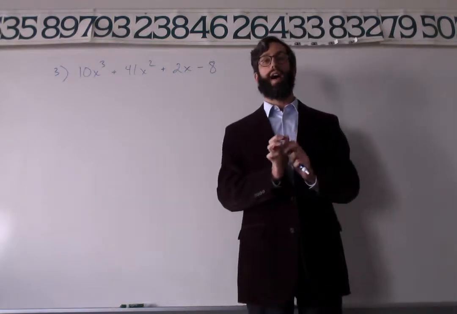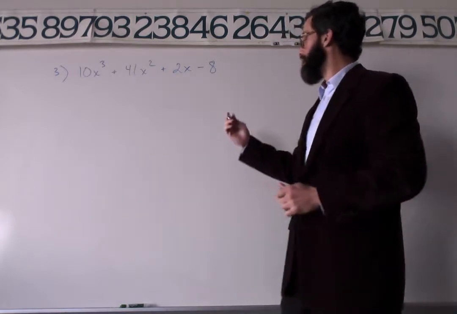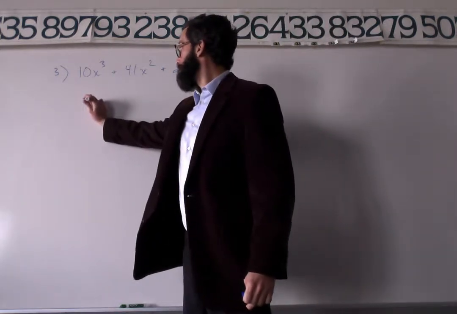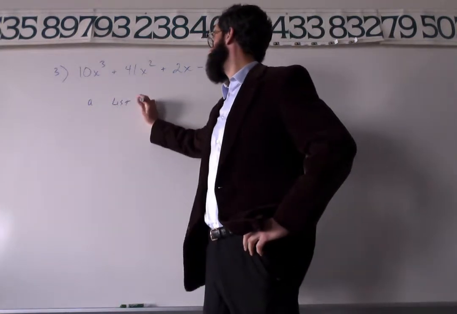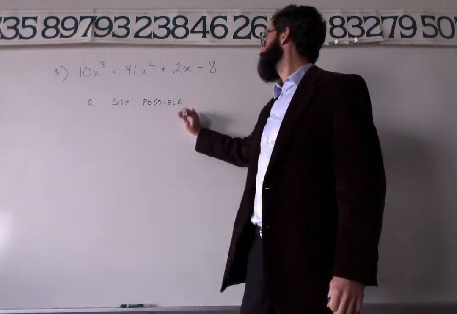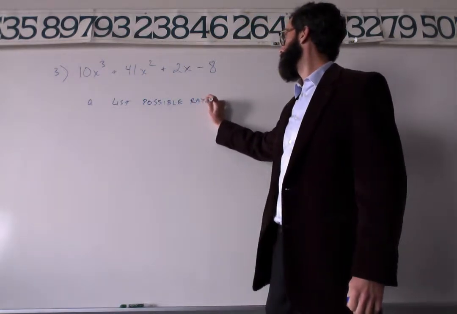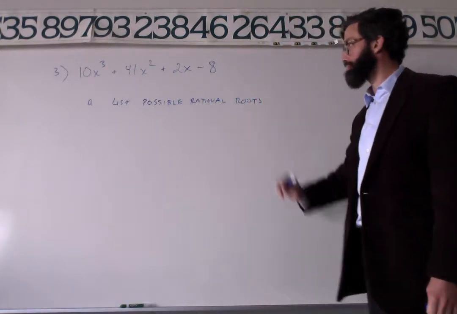I've gone through how to find the possible rational roots in class. Just to remind you, this is for part A. To list all of the candidates, the possible rational roots, we use what's called the rational root theorem.